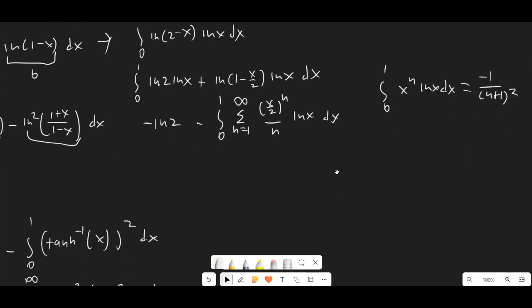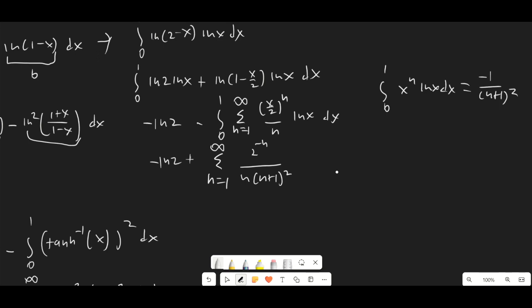So we're going to get negative ln 2 minus the sum from n equals 1 to infinity of 2^(-n) over n(n+1)² times negative 1. Okay, that looks actually way, way worse than what I had before.